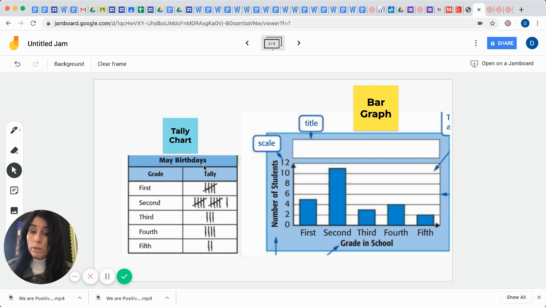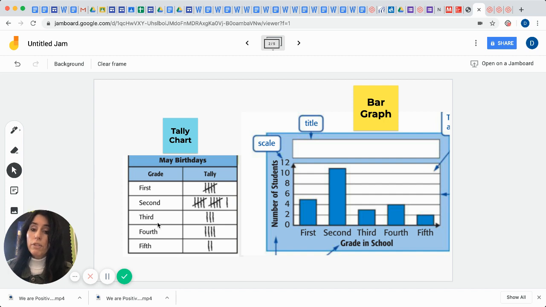As we look at this tally chart, we can see that in the first grade class who had May birthdays, there were how many students? Show me with your hand. 5. Got it. Then in our second grade class, how many students had May birthdays? We already counted this one, and that answer was 11. So for you second graders that are learning this with me, you represented 11.